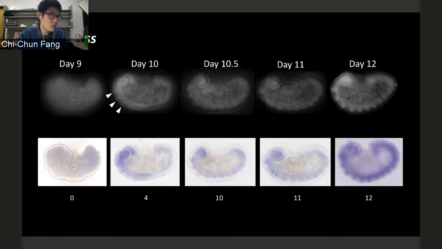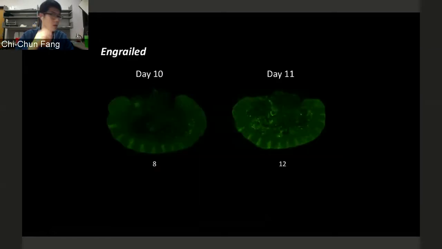How about the engrailed? Let me recall that wingless and engrailed will be expressed at the same time. One is at the anterior, one is at the posterior of the segments, right? So we should be able to see a similar pattern when we examine the engrailed gene expression, engrailed protein.